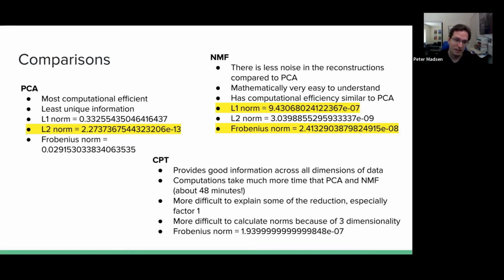We see here highlighted in yellow that the difference between the 2 L2 norms for PCA is on the order of 10 to the negative 13. And for NMF, the L1 norm and the Frobenius norm are on the order of 10 to the negative 7 and 10 to the negative 8, respectively. But generally, with the exception of the L1 norm and the Frobenius norm in PCA, they are all 10 to the negative 7 or below.